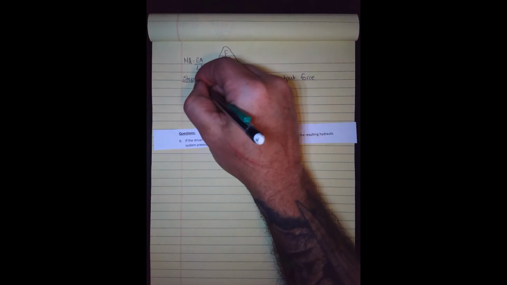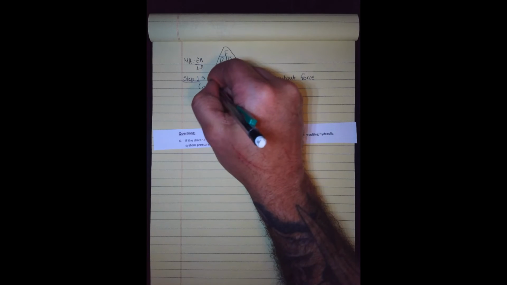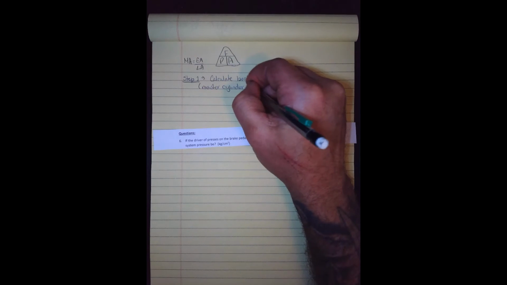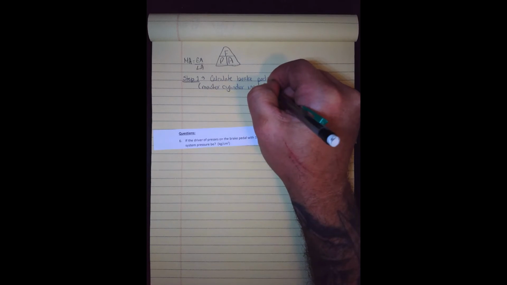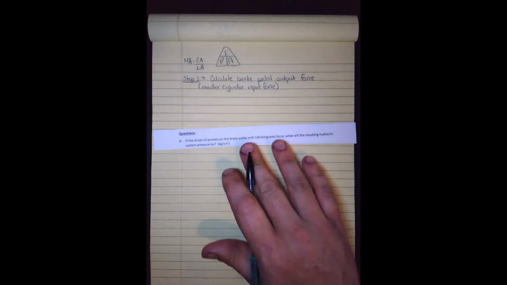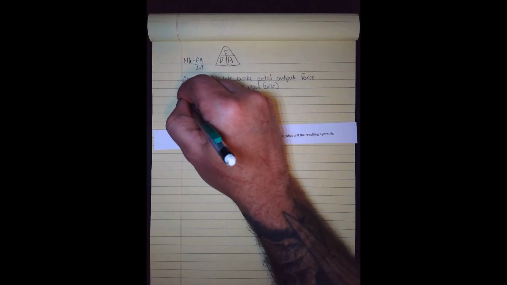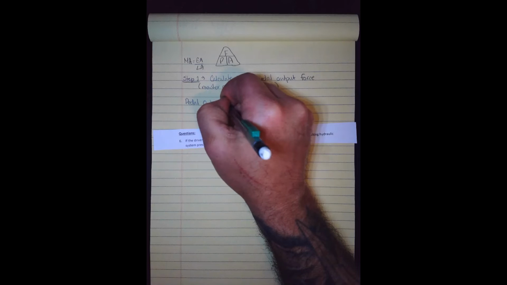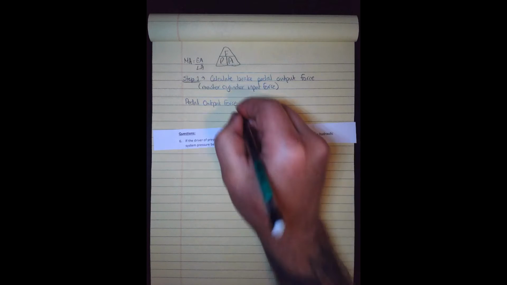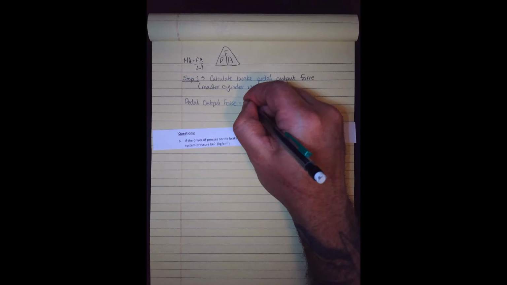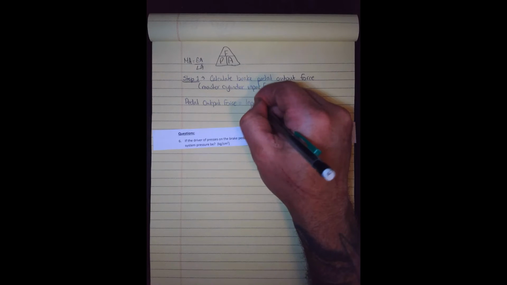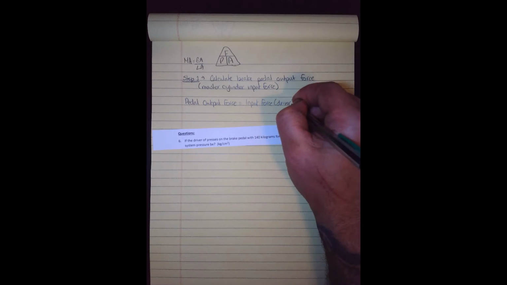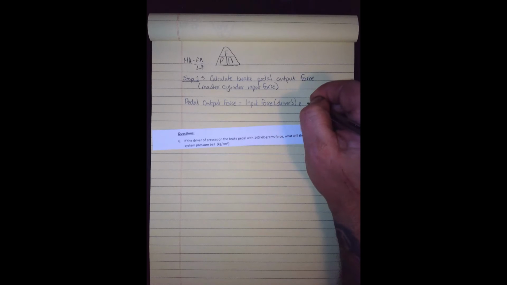Which is also, again in brackets, the master cylinder input force. Right? So we're going to say output force, pedal output force, equals driver's input, or input force, we'll say, times mechanical advantage.